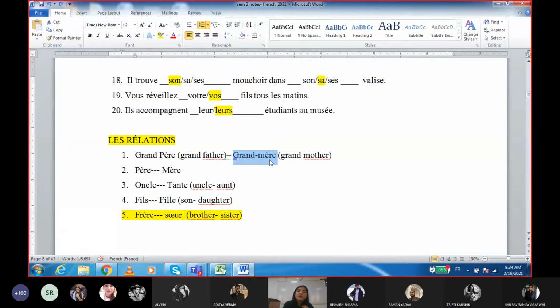That is grandfather, grandmother. Next, the second one is quite easy because it is just the repetition from the first category. It's père, mère. So of course, it's father and mother.